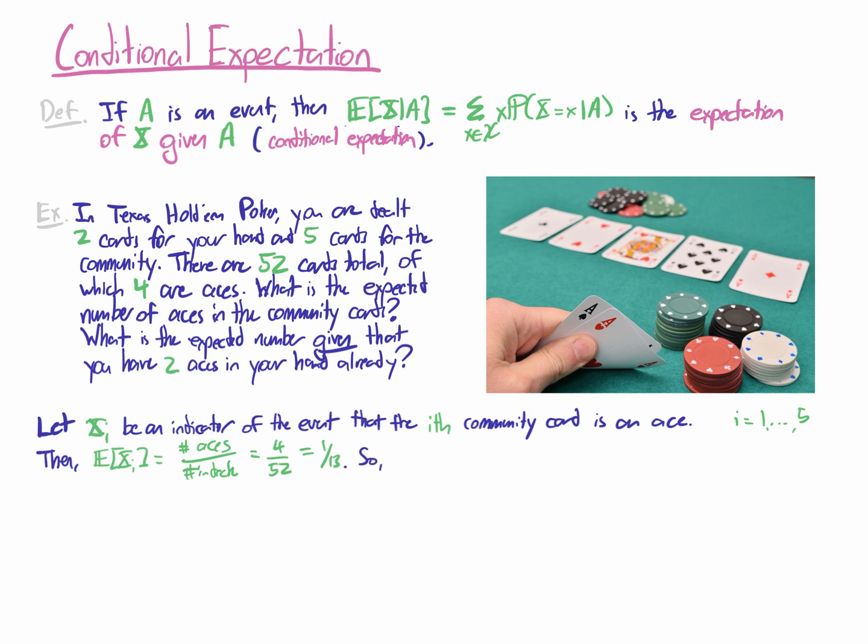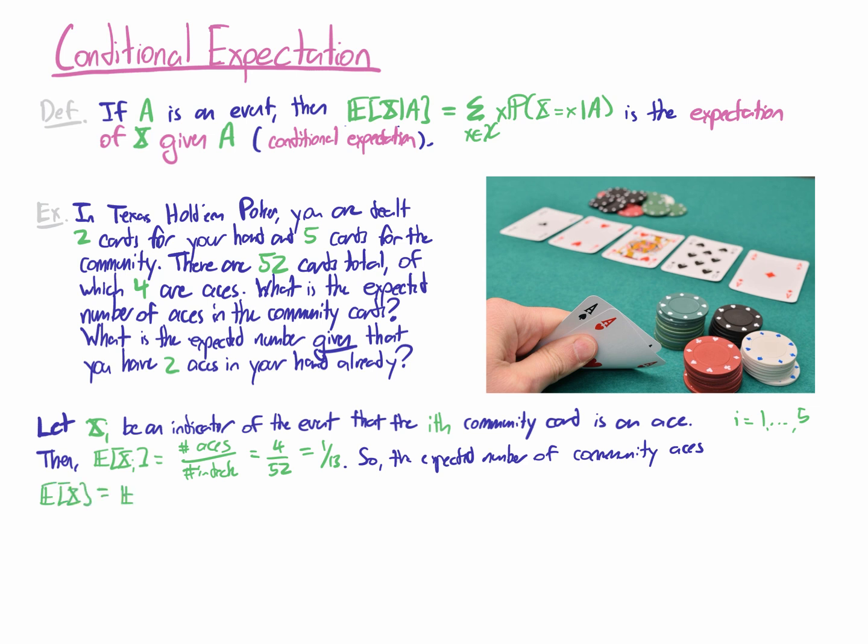So the expected number of community aces I'm going to get by adding all those up, which means I'm going to have the expected value. I'm going to let X here be the number of community aces.